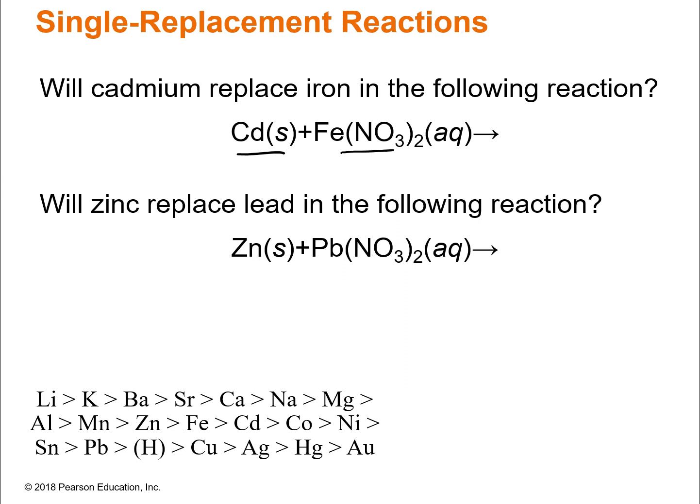What you do is you find cadmium, you find iron. The one that's solid has to be more active than the metal that is in solution in order for it to be replaced. Cadmium, is it more active or less active than iron?